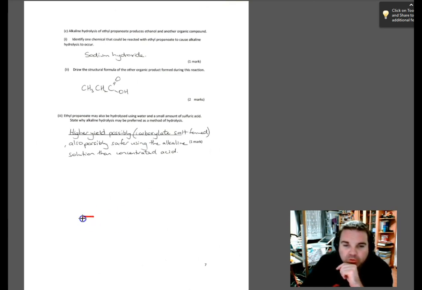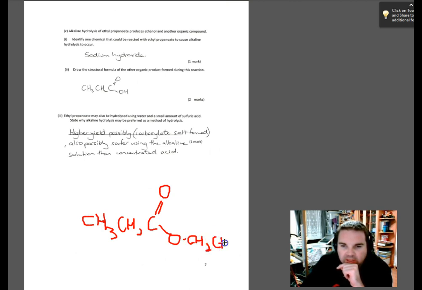So ethyl propanoate is going to have CH3, CH2, and sorry, it's hard to draw with the mouse. So there's your propanoate part with your 3 carbons, and then ethyl is going to be CH2, CH3. So that's ethyl propanoate.